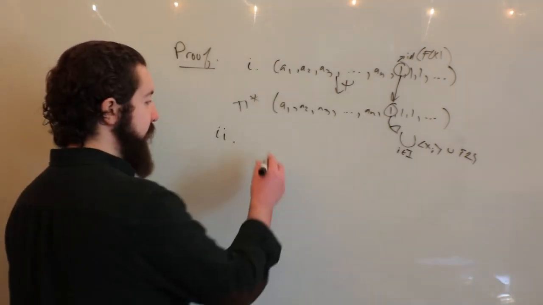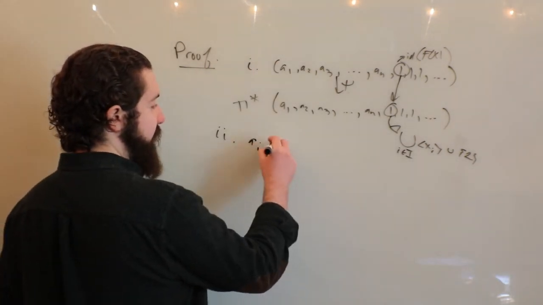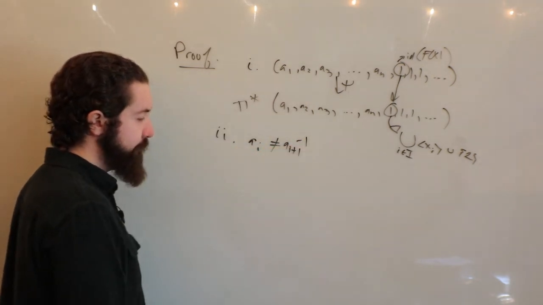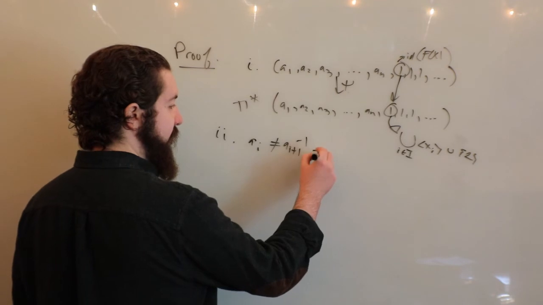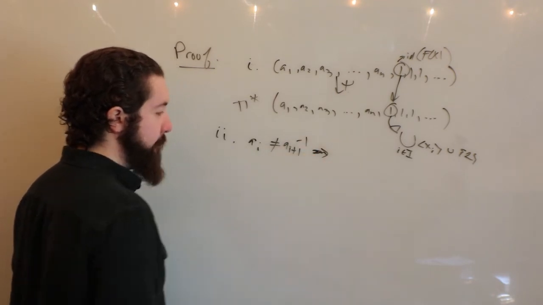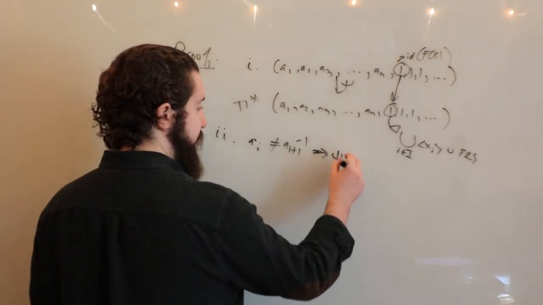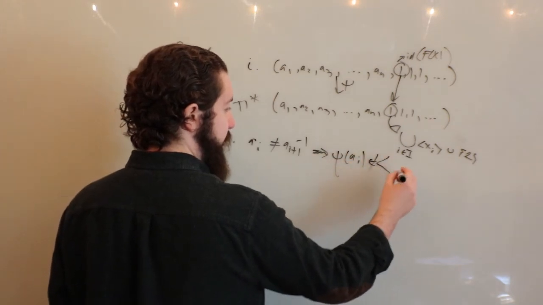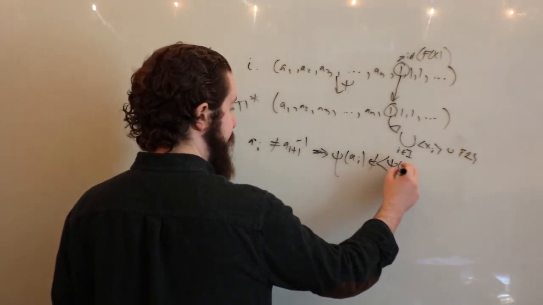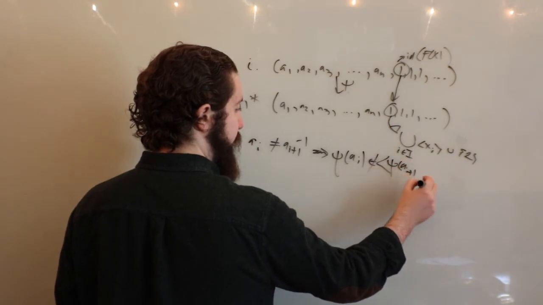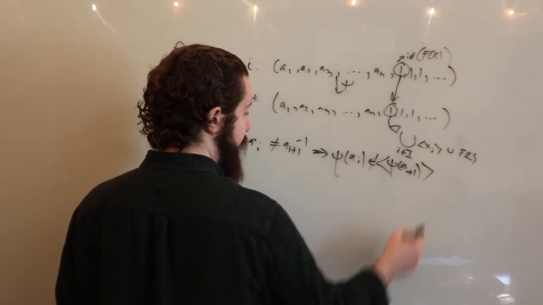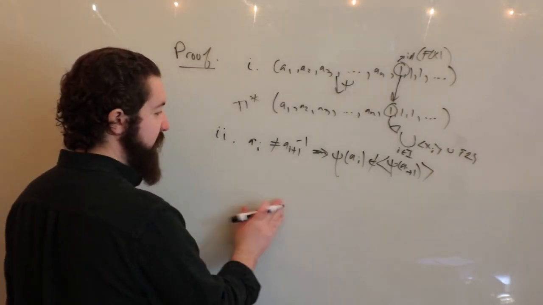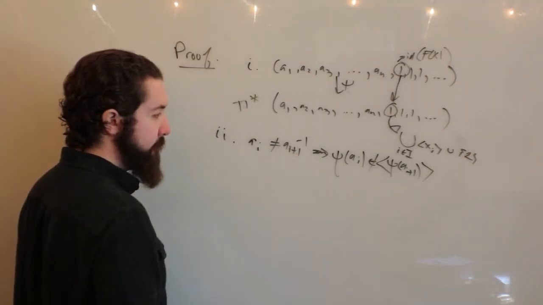So the reduction condition in F of X, that a sub I is not equal to a sub I plus 1 inverse, is going to guarantee, once these get mapped under psi, that psi of a sub I is not in the cyclic group generated by psi of a sub I plus 1. Right? So these two are never inverses because we've reduced here.